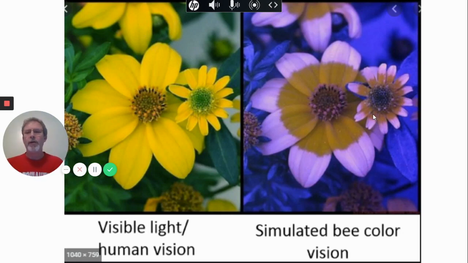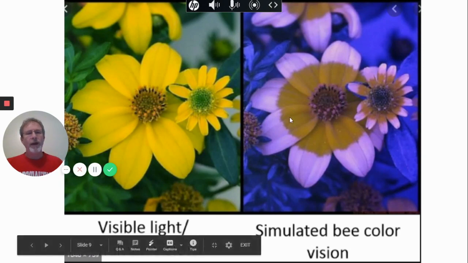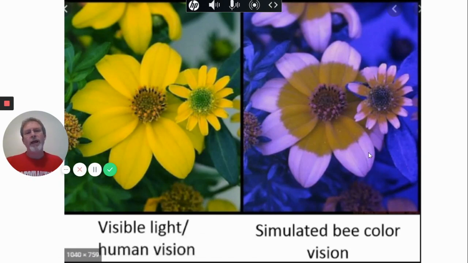There's many parts of light, and this right here is a part of light that we can't see. It's called ultraviolet light. So this is how we see it, but this is how a bug sees it.